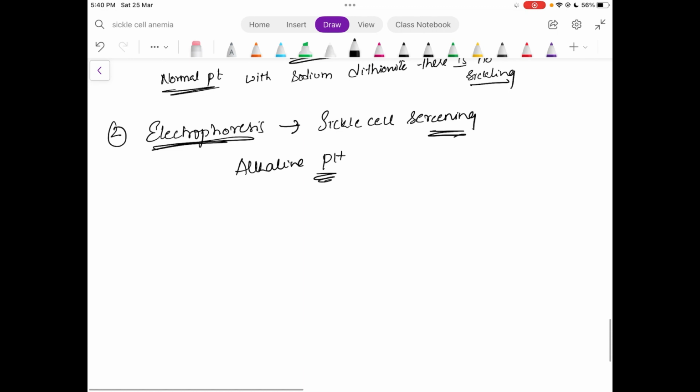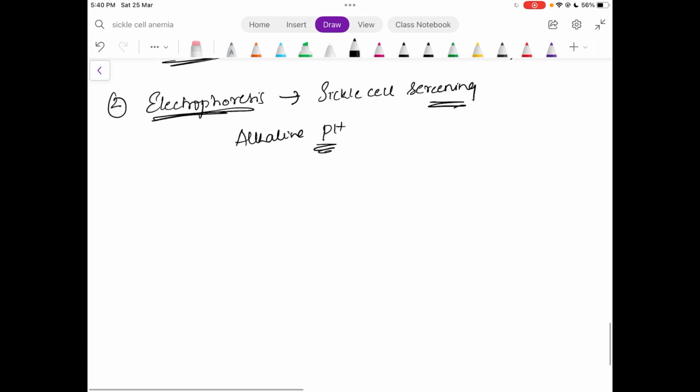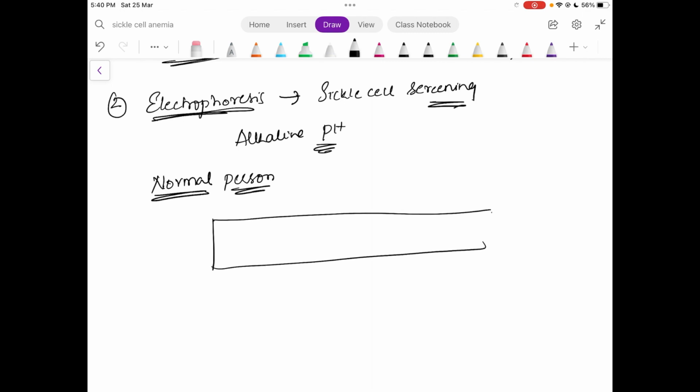What happens here is that we will see different types of migration. For a normal person's blood, if you know the normal, then you can find out the abnormal easily.